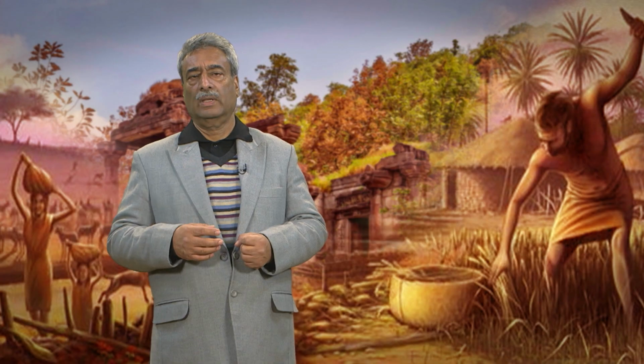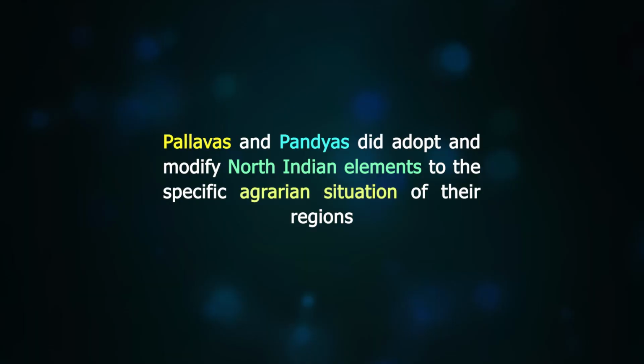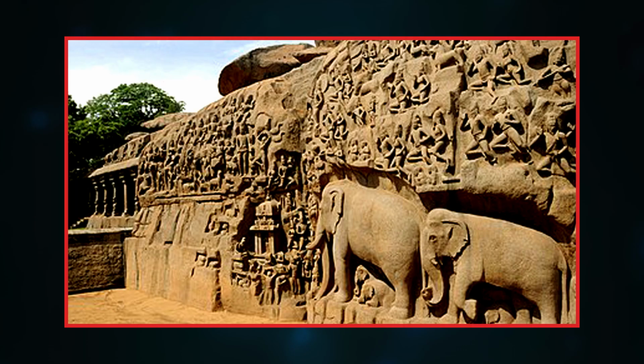The agrarian expansion was a continuous process, and the emergence of newer institutions facilitated the integration of the existing agrarian regions. Pallavas and Pandyas did adopt and modify North India elements to specific agrarian situation of their regions. As implementers of stone sluice technology, they made a major contribution for artificial irrigation.